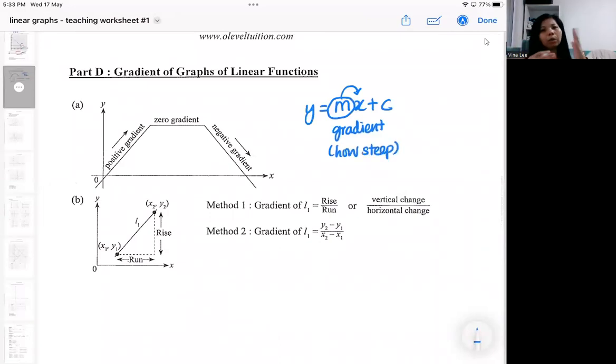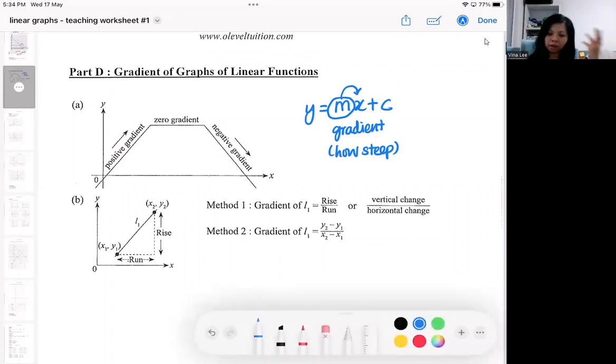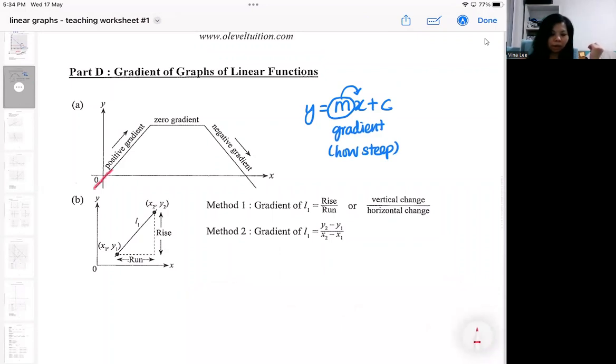But in this part, we're going to be focusing on calculating the gradient. So if I have a line, how am I supposed to calculate the gradient? But before we calculate the gradient, let's recall what I mentioned in the previous section. If the gradient is positive, that means it will be like a Superman that flies up.